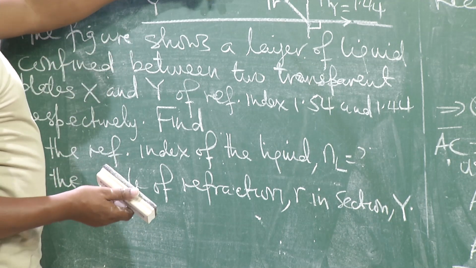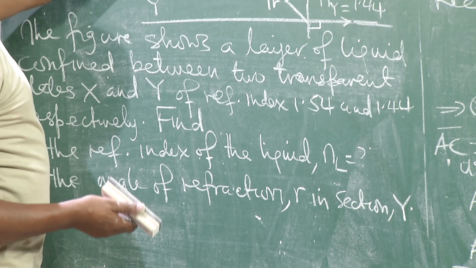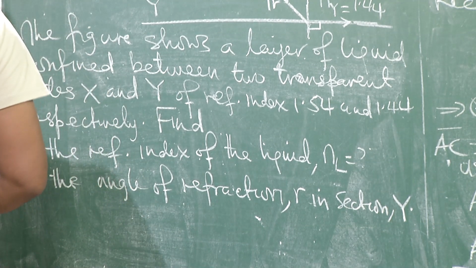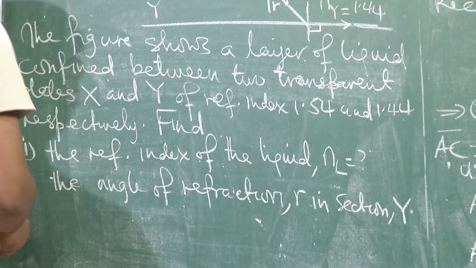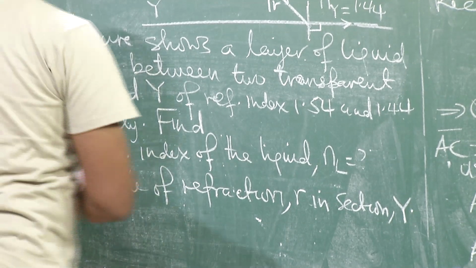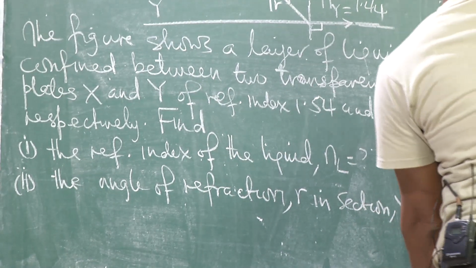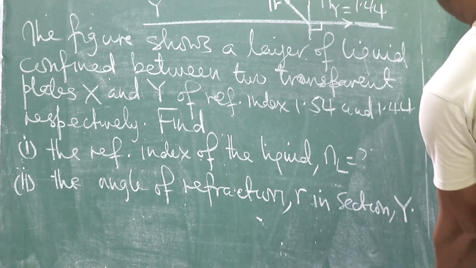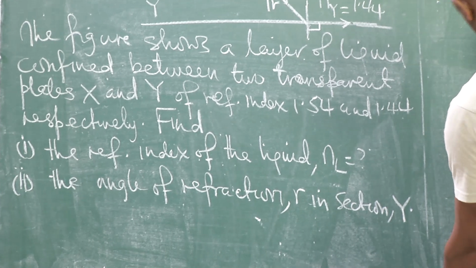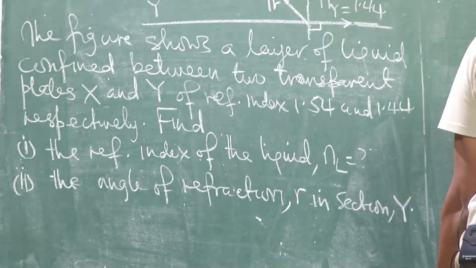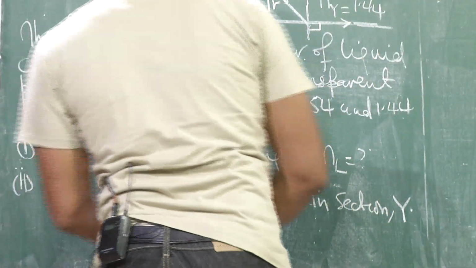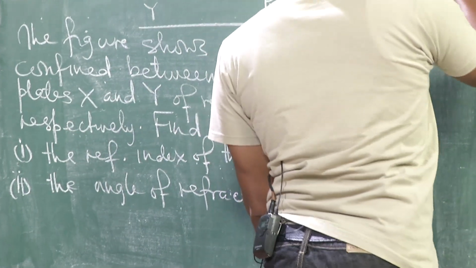To find the refractive index of the liquid, since we have the refractive index of X, you notice that the angle of incidence in medium X is 40 degrees.